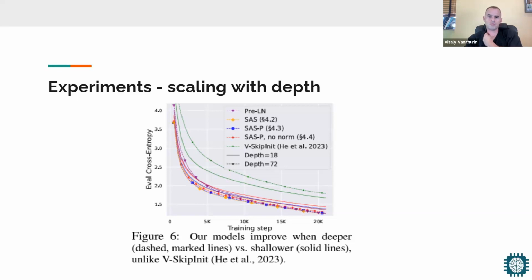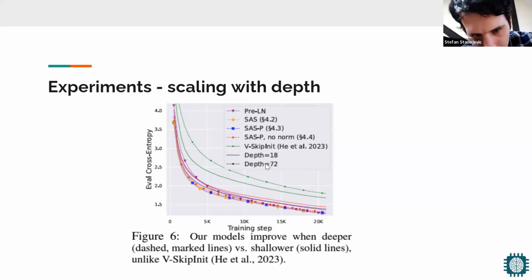And the point here is also to show, you can see two kinds of lines for each model. One is depth equals 18, the connected line. Depth would be how many times we repeat the transformer block, so repeating the whole thing 18 versus 72 times in the dotted line.